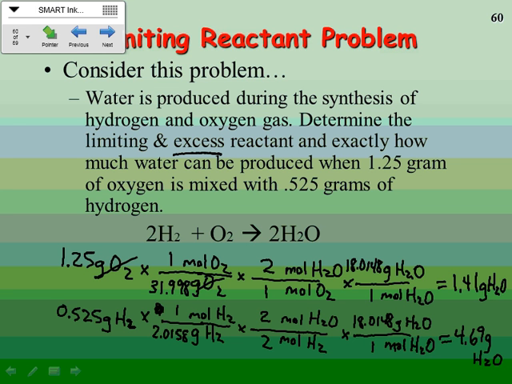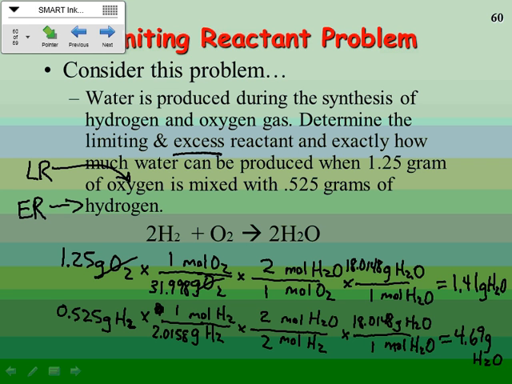But when we actually worked it out, it can make about 4 times as much of the product as the oxygen can. So we're going to run out of oxygen way before we run out of hydrogen. Does that make sense? So oxygen is the limiting reactant, okay? Hydrogen is our excess reactant.